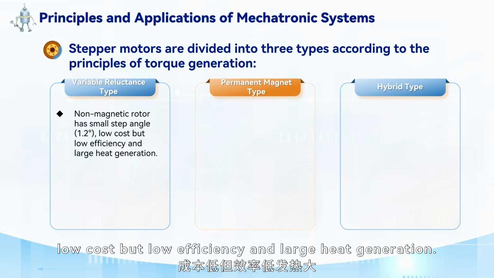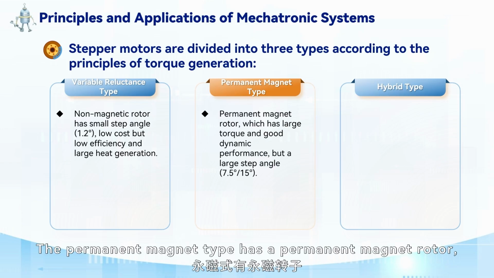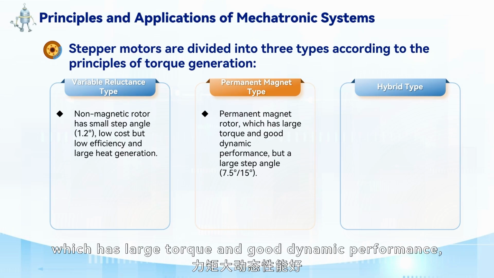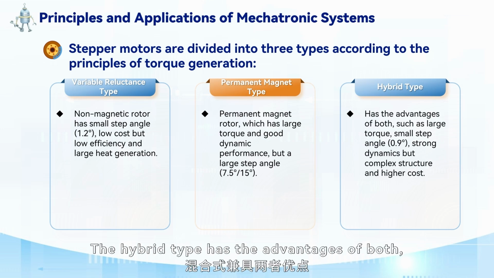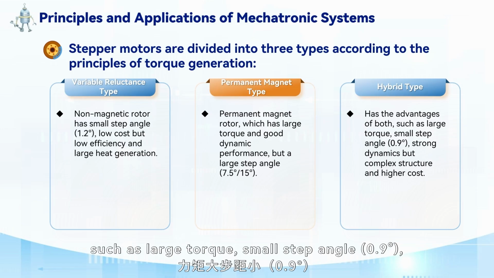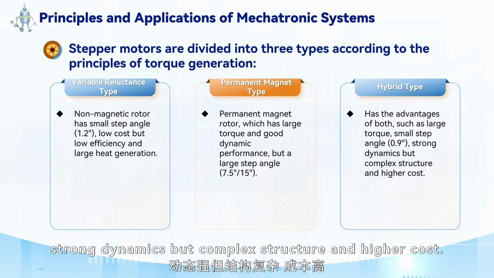Low cost but low efficiency and large heat generation. The permanent magnet type has a permanent magnet rotor, with large torque and good dynamic performance, but a large step angle, 7.5 degrees or 15 degrees. The hybrid type has the advantages of both, such as large torque, small step angle, 0.9 degrees, and strong dynamics, but a complex structure and higher cost.